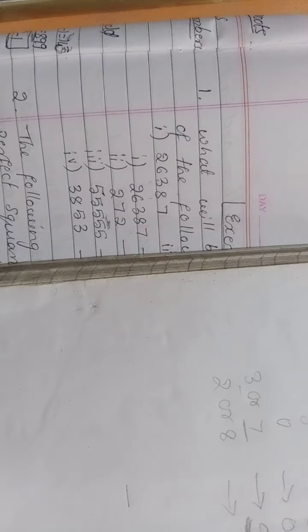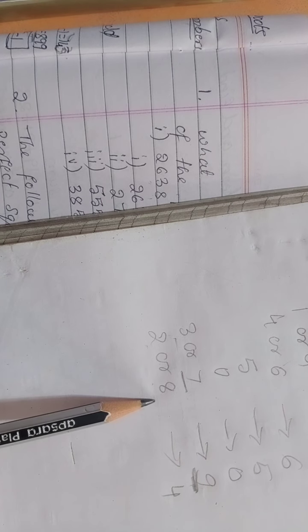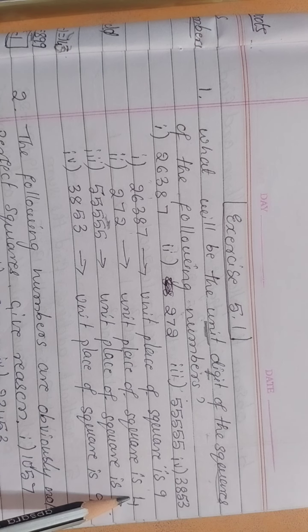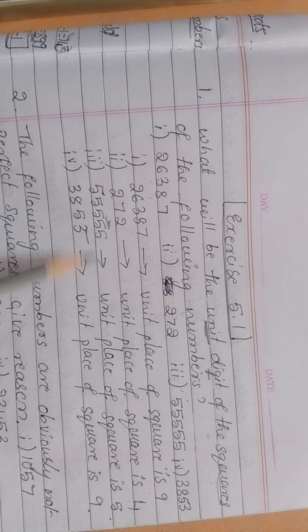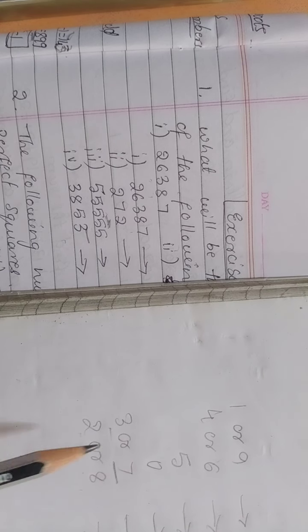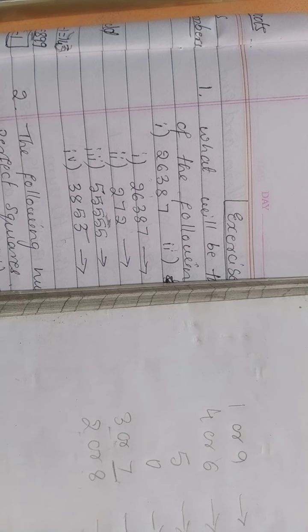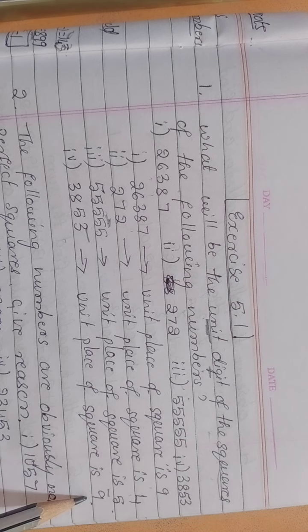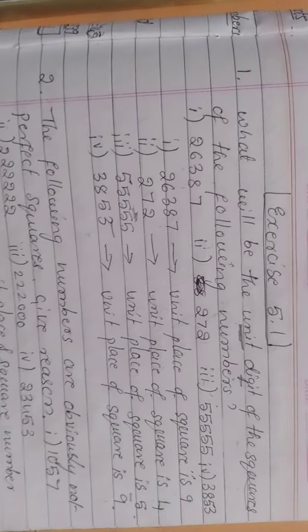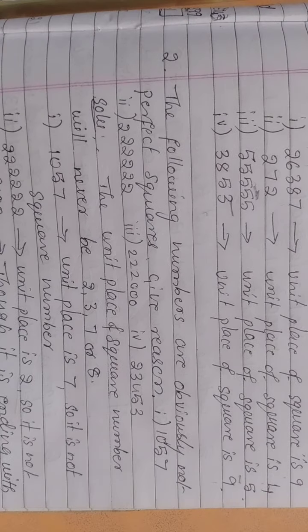If a number ends with 2 or 8, what will be the unit place? 4. So the square of that number will end in 4. Next, if it is ending with 5, 5 only. If it ends with 3, 3 or 7 is again 9 only. Okay, on this basis you have to answer. Now let us move to the next one.